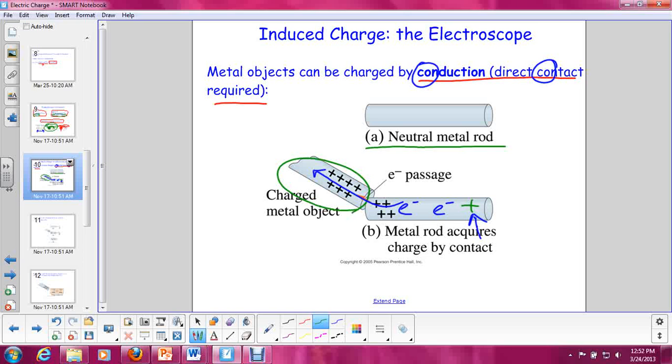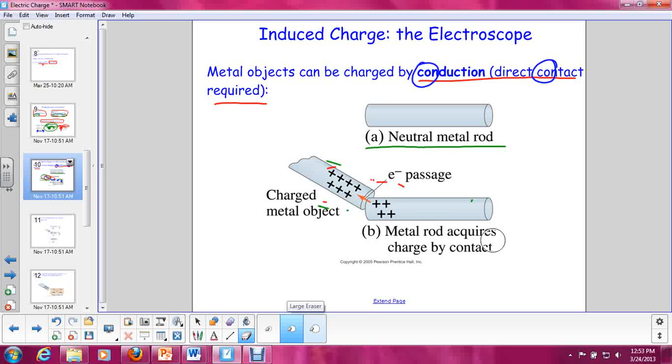That's what conduction is. If you touch a neutral object with a positive object, it will become positive. If you touch a neutral object with a negative object, it will become negative. So the charge essentially gets transferred and spread out evenly from one to the other. Now, if I were to take away this initially positively charged rod after they touch, this one is not going to become neutral.